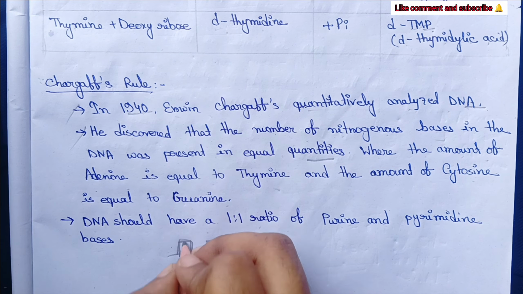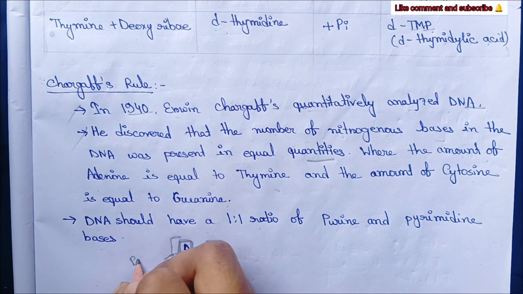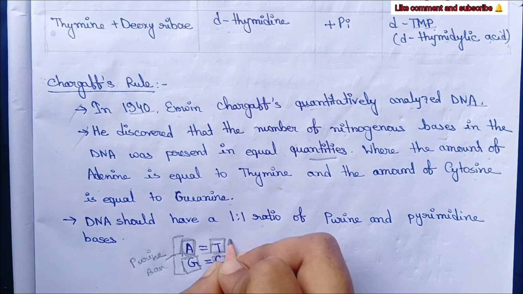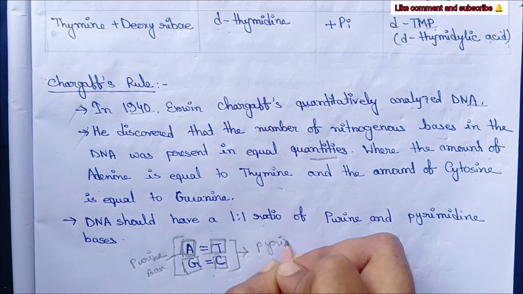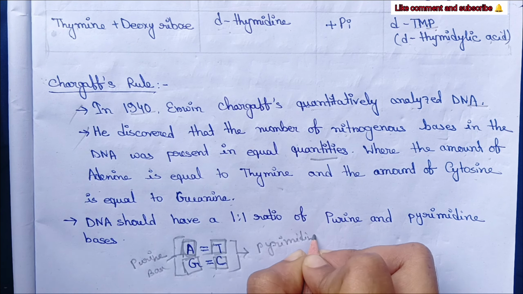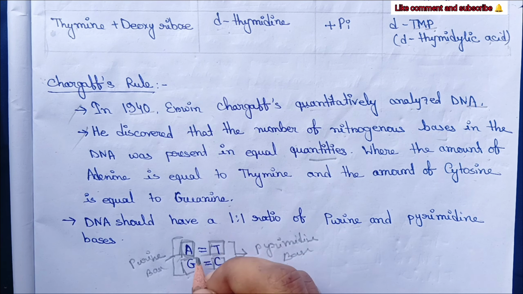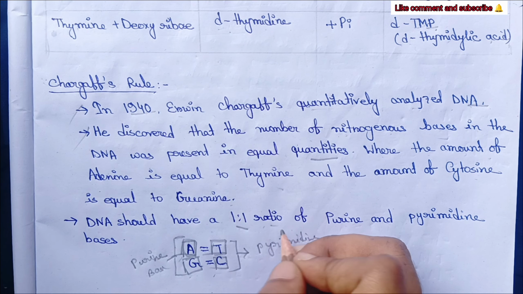So adenine and guanine, these two are purine bases, and thymine and cytosine are pyrimidine bases. So the purines and pyrimidines are in a 1:1 ratio.